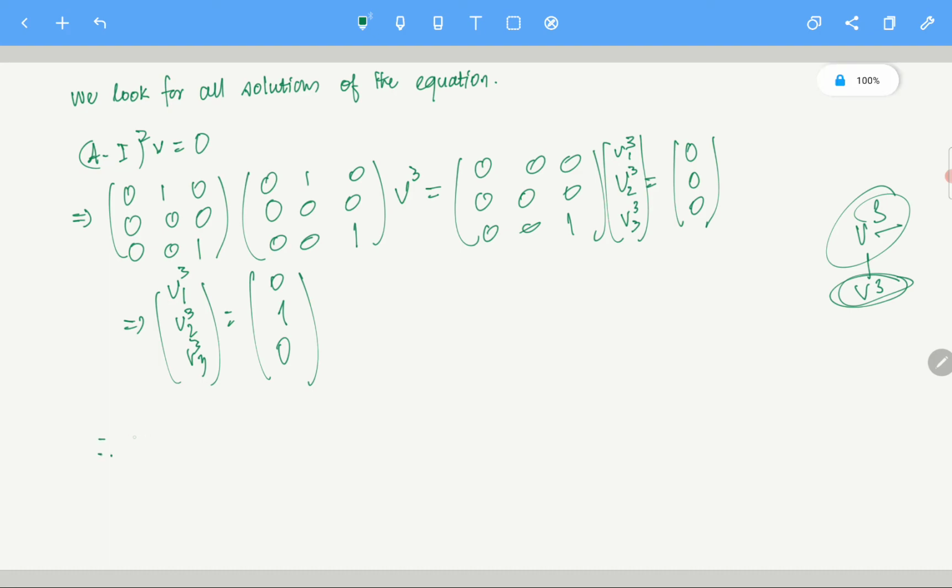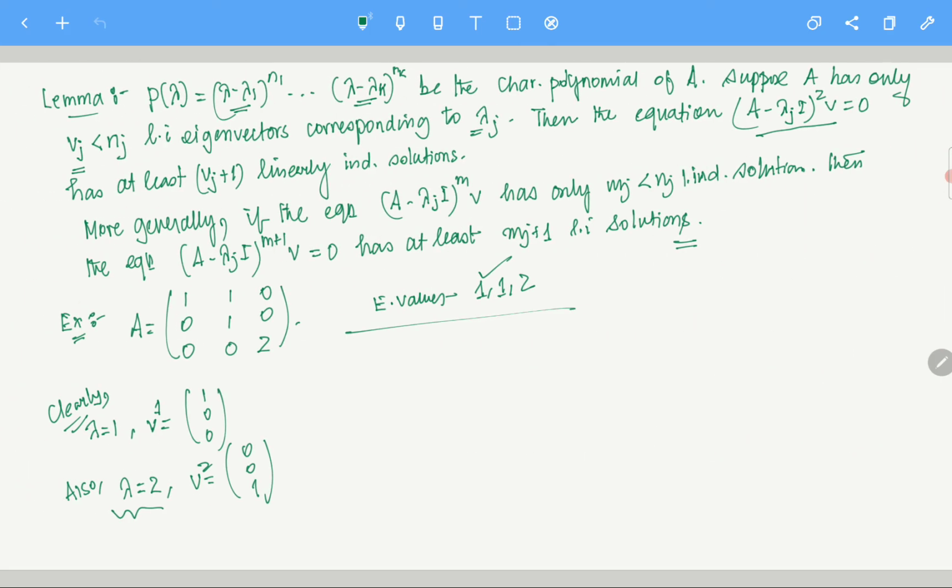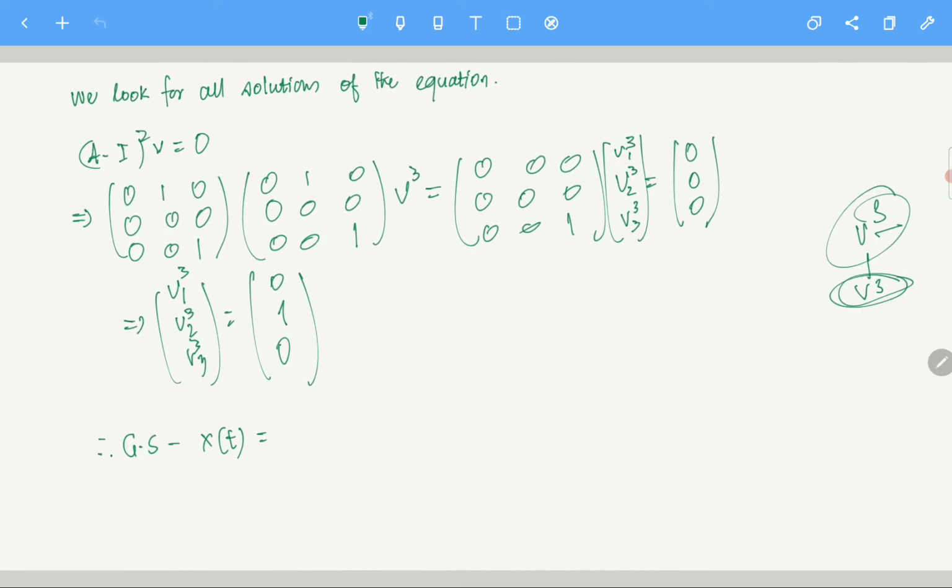The general solution is given by x of t equals c1 e^t times (1, 0, 0), plus c2 e^(2t) times (0, 0, 1), plus c3 e to the power, what is it?